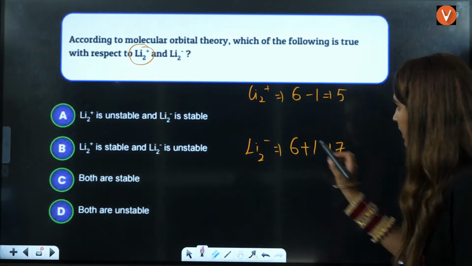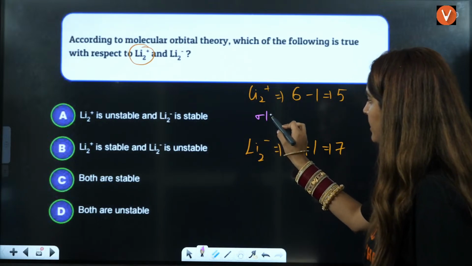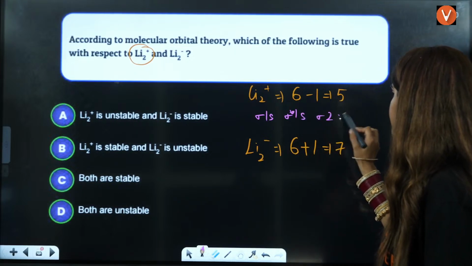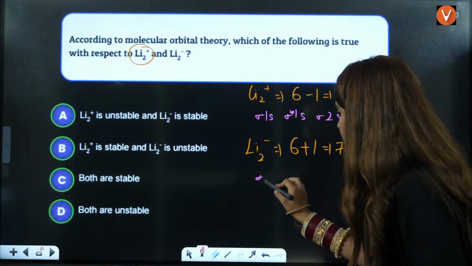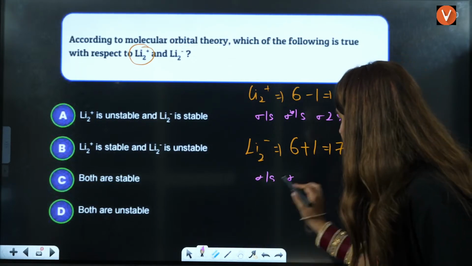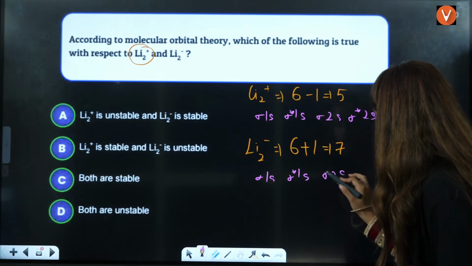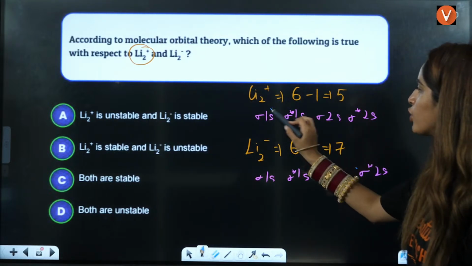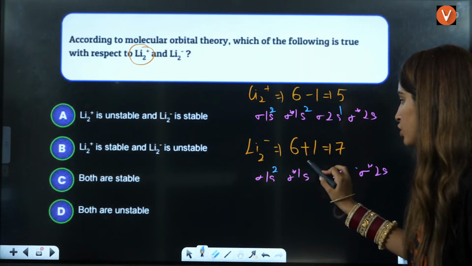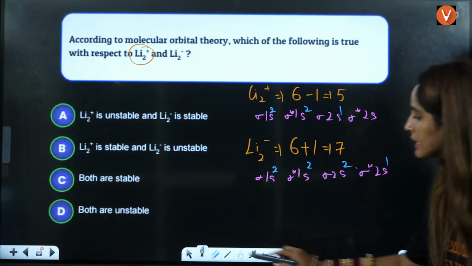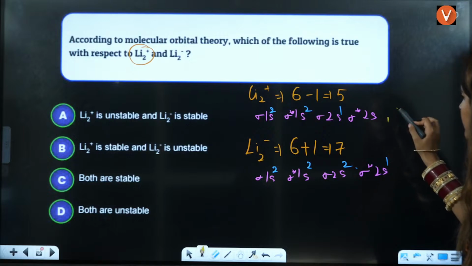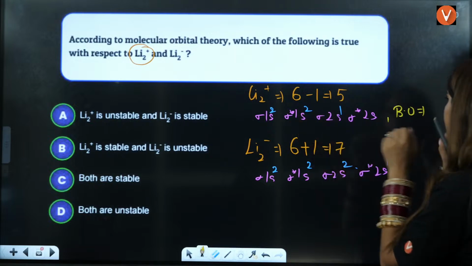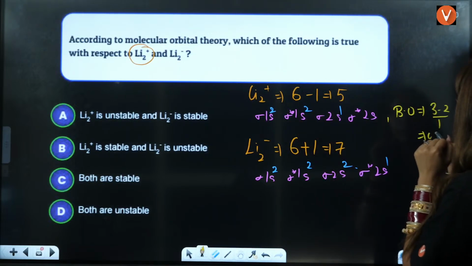So, this is going to be sigma 1s, sigma star 1s, sigma 2s, sigma star 2s. Similarly, sigma 1s, sigma star 1s, sigma 2s, sigma star 2s. Here what you are going to do? 5: 2, 3, 4, 5. And 7: 2, 3, 4, 5, 6 and 1. Now talking about the bonding and anti-bonding, the bond order is bonding 3 minus 2, divided by 2, that is nothing but 0.5.